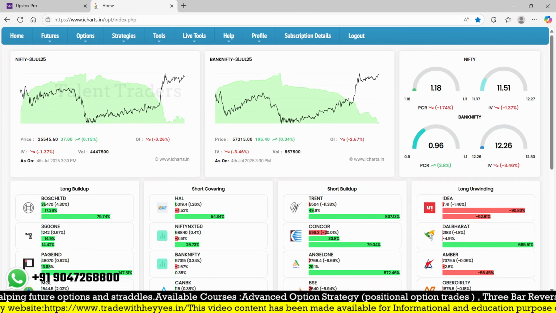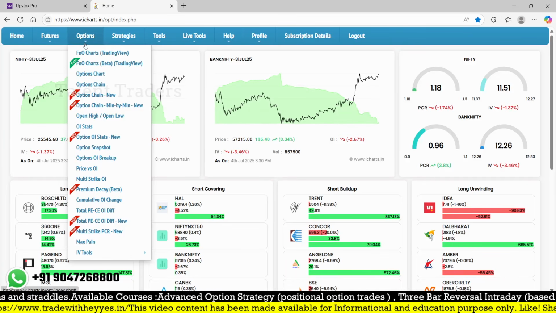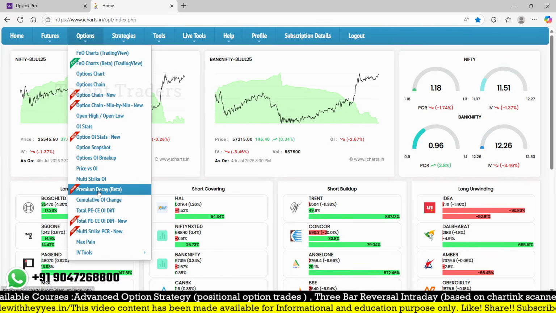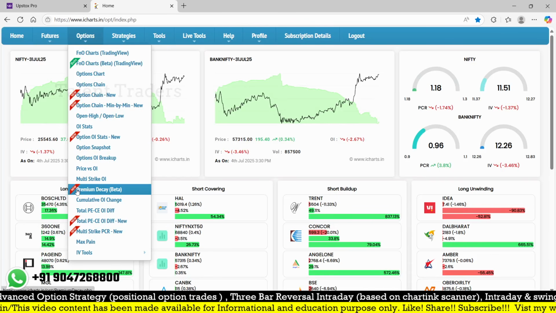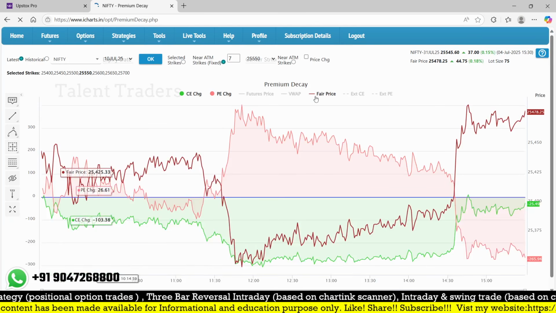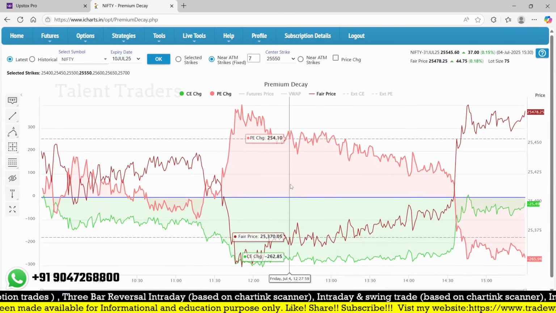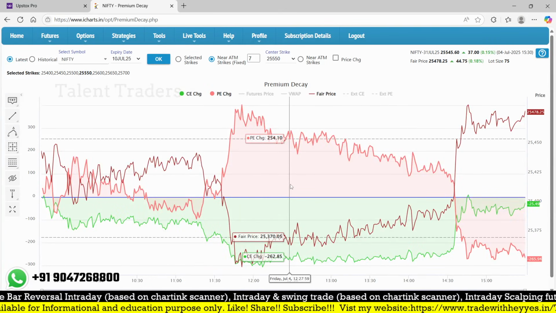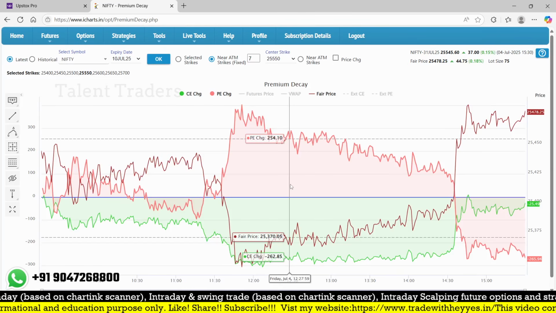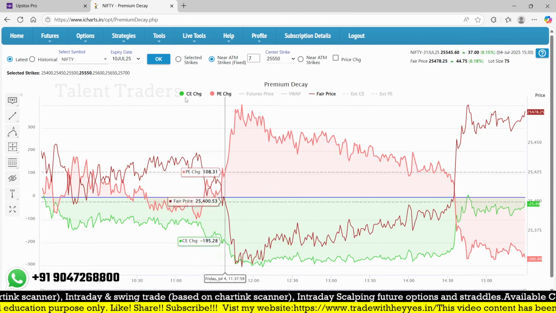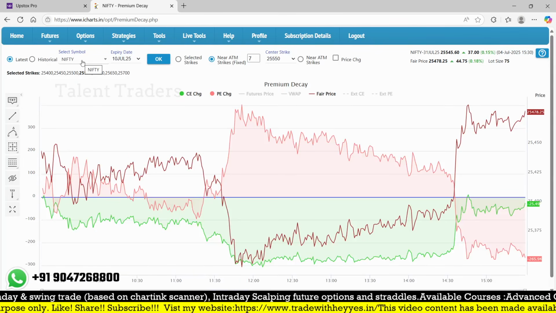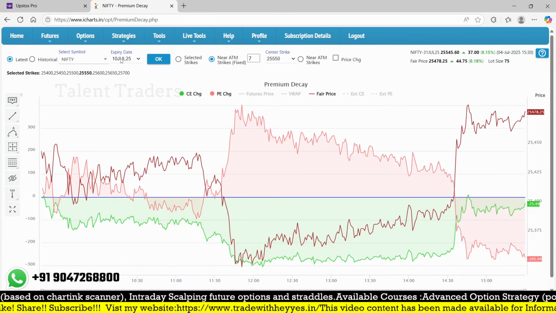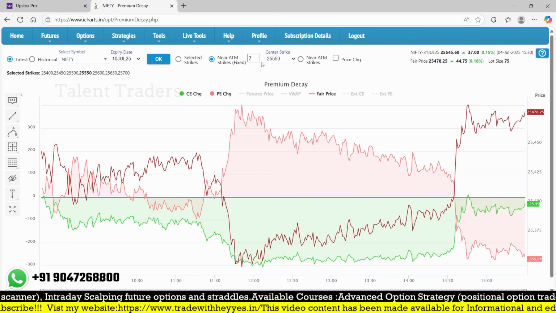The tool which I want to share with you is, in options, there is a premium decay. You can see this is a new one. In that we can identify a quick movement on a particular option side or direction by using the premium decay. I'm going to take the Nifty that is going to expire on 10th July.